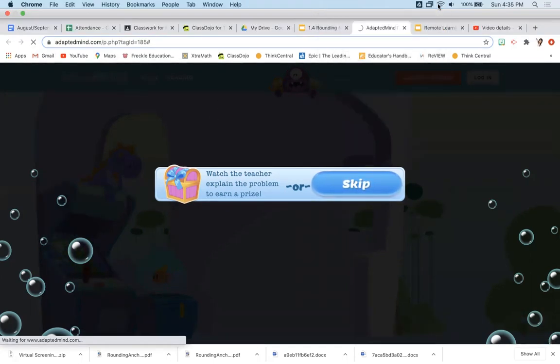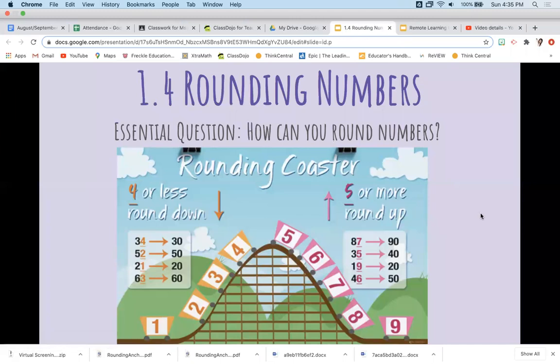My internet is on. All right, so it doesn't look like this wants to load right now. I don't know why my internet is being a little slow. So we'll just skip the game for now. Maybe I can try after.